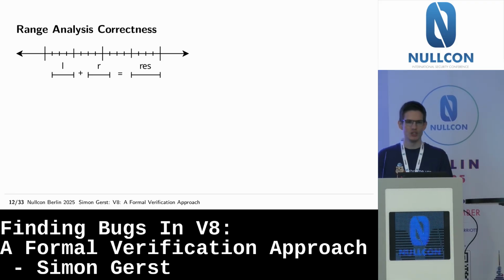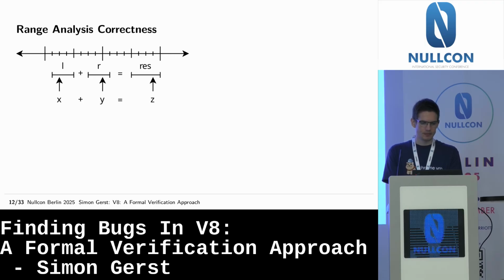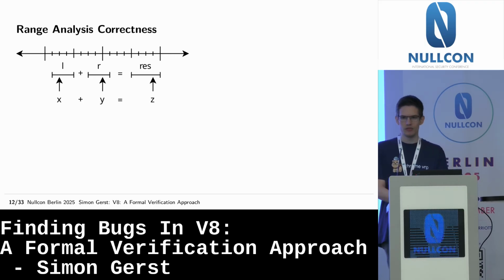Okay, so what does it even mean for a range analysis to be correct? Let's say we have 2 ranges, left, right, and result, and then we pick any value x which is contained in the left range. We pick any value y which is contained in the right range, and then the result of x plus y is c, which should be from the result range.